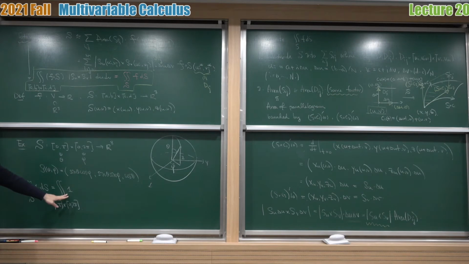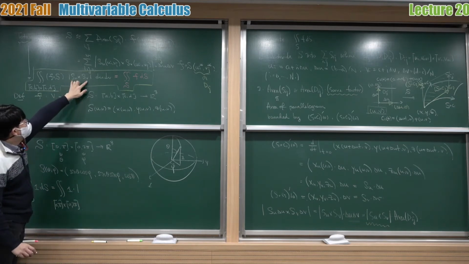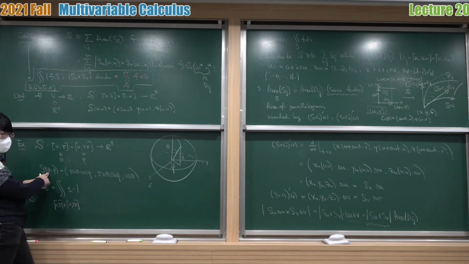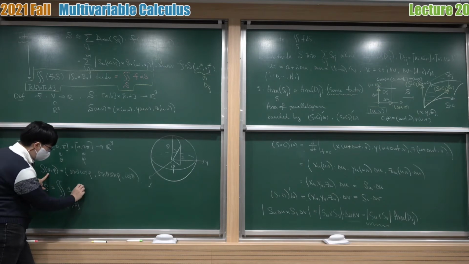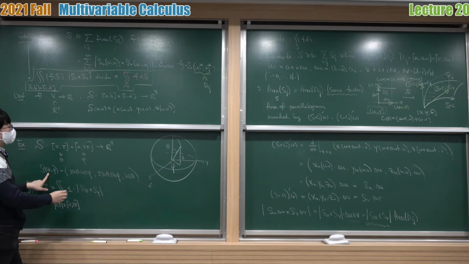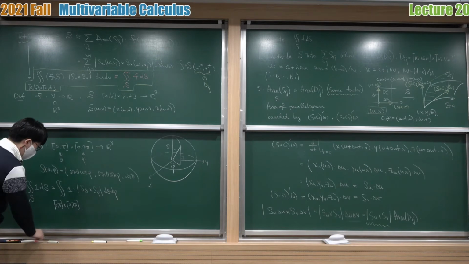So even if I composite the function 1 with any parameterization, it will always become 1. And then I have to take the norm of S_u cross S_v. So here u, v are written as theta and phi. So I'm going to put S_theta cross S_phi. Okay. And then d theta d phi. So I need to find out this function.